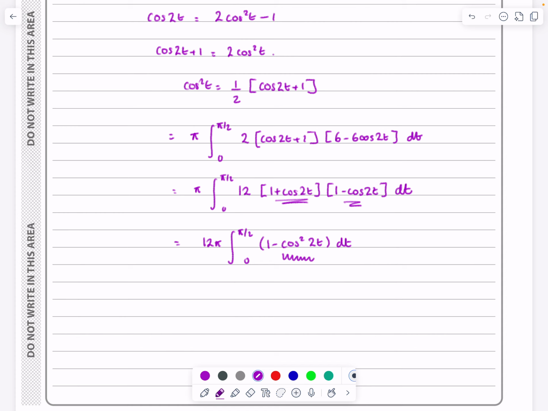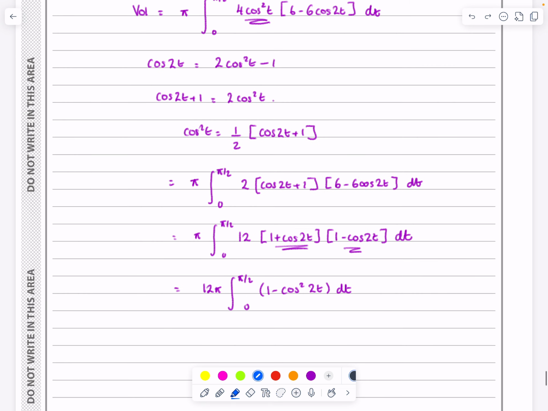I said, if you've got cos squared t, you can't integrate it, you need to change it to cos 2t. Well, we haven't got cos squared t, we've got cos squared 2t here, so I might be losing some of you at this point. I've got cos squared 2t, so I'm still going to use the double angle formula to work it out.